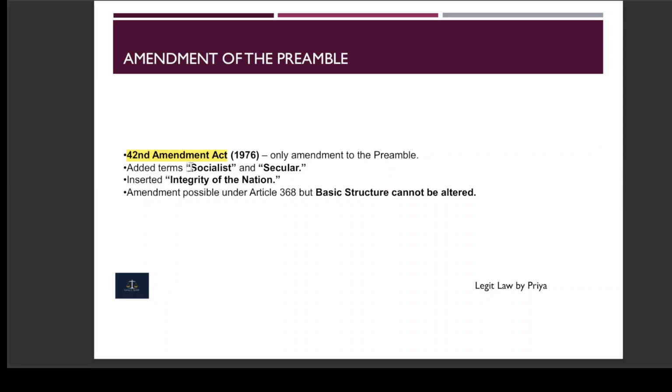So we saw in Kesavananda Bharati that our preamble can be amended under Article 368, but the basic structure can't be altered. Which means preamble can be amended, something can be added or deleted or replaced, but the basic structure of the preamble should not be disturbed or altered.